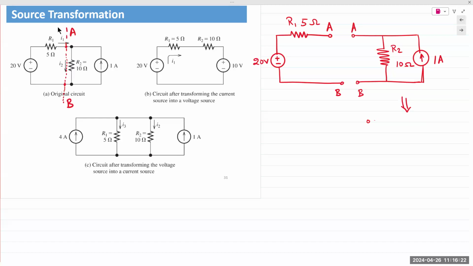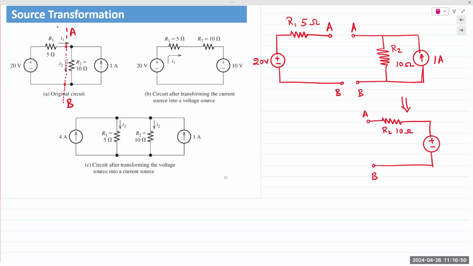So we have A and we have B. The current source is now changed into a voltage source. And the resistor is now in series. The resistance value remains the same. So it's R2 with a value of 10 ohms.